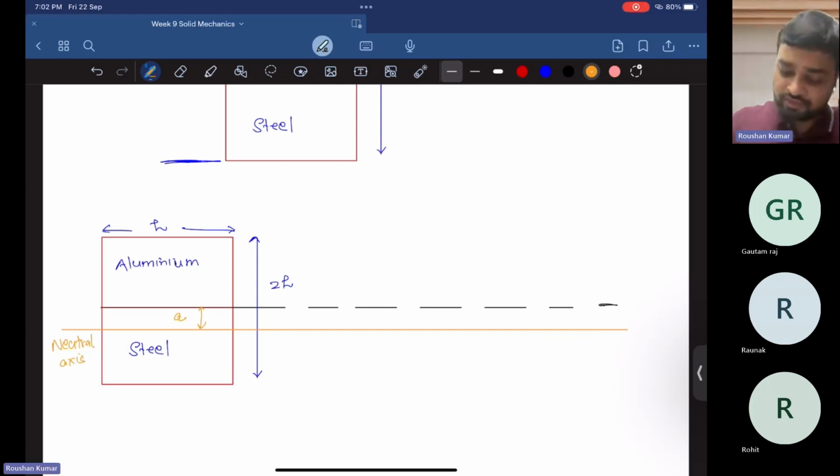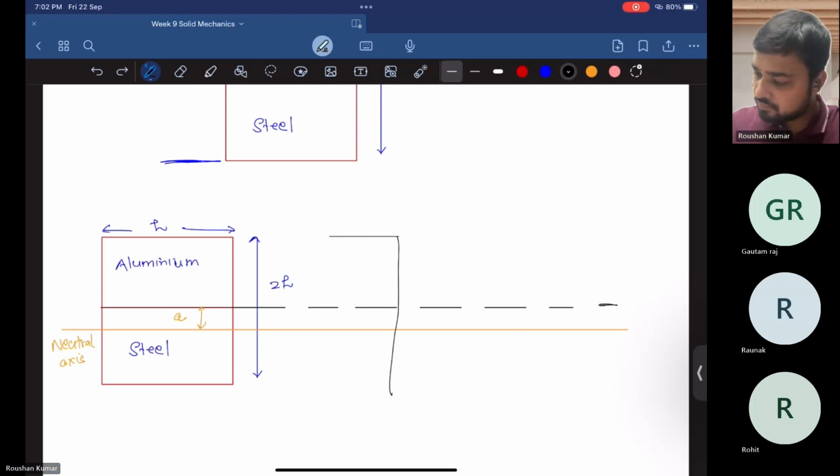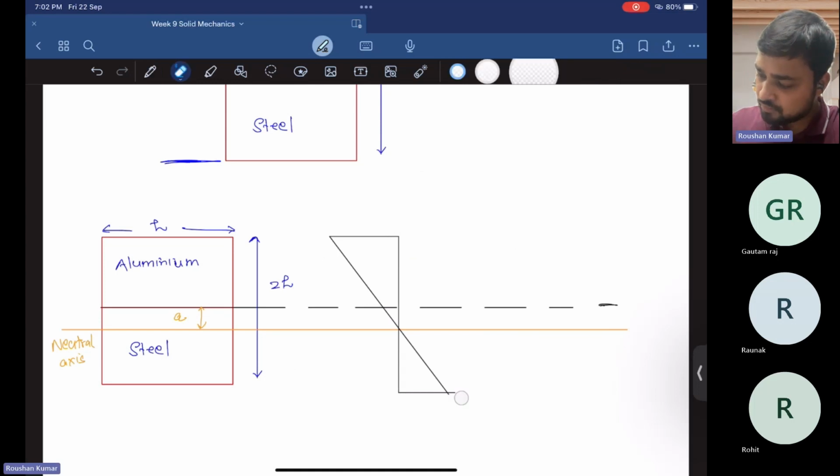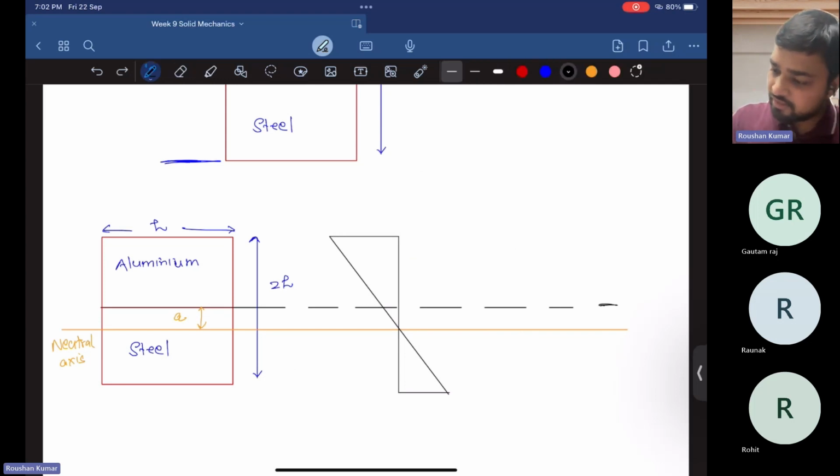So if we consider this composite beam as a complete beam, then the bending profile will be of this type if we consider this as a single beam.